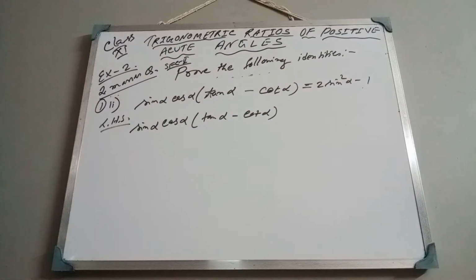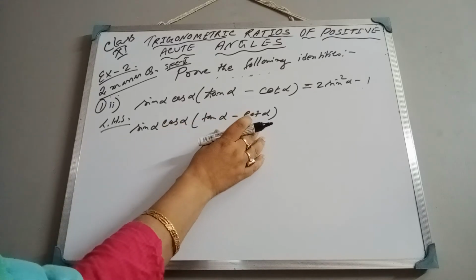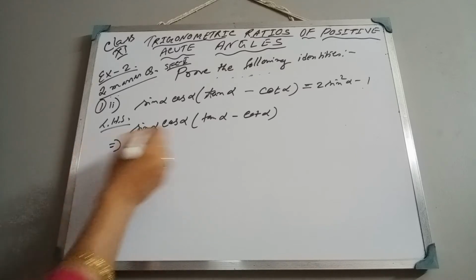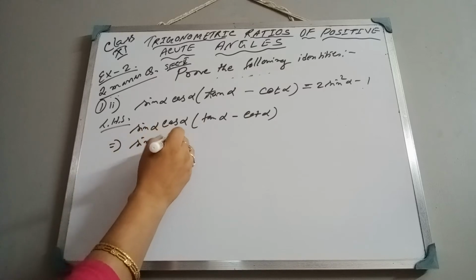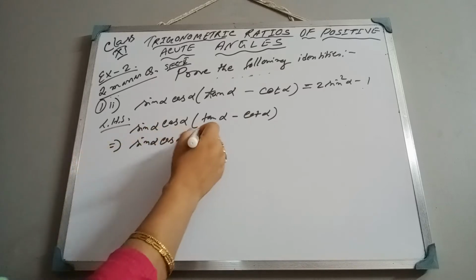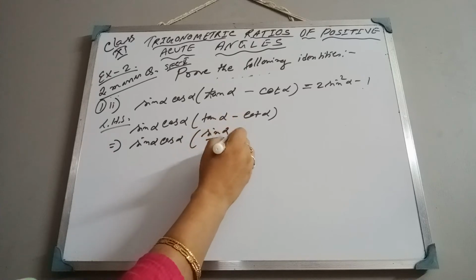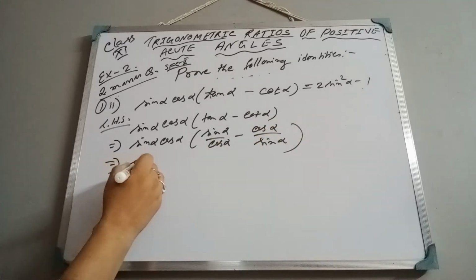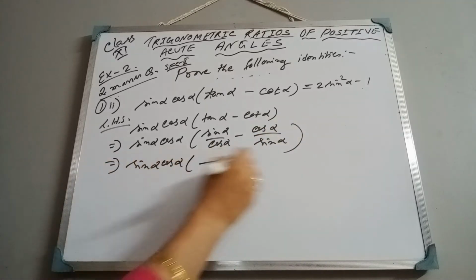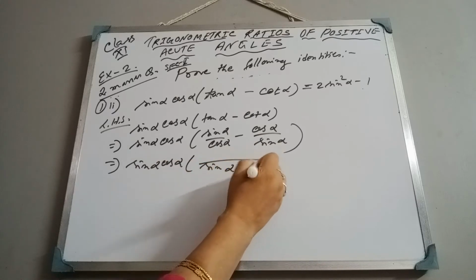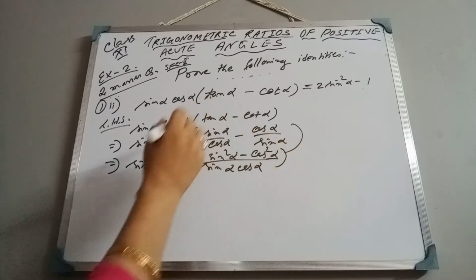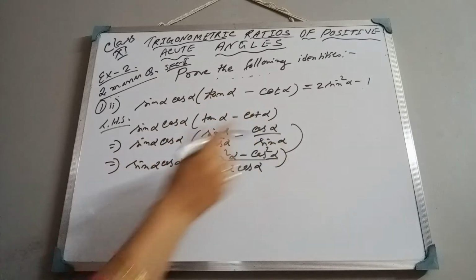As we have to prove only 2 sin square alpha minus 1, on the left hand side this part, tan alpha and cot alpha, we again have to break in the form of sin and cos, same as before. So what will we get? Sin alpha into cos alpha, and it will be sin square alpha minus cos square alpha. In the first sum it was plus here, and here it is minus.